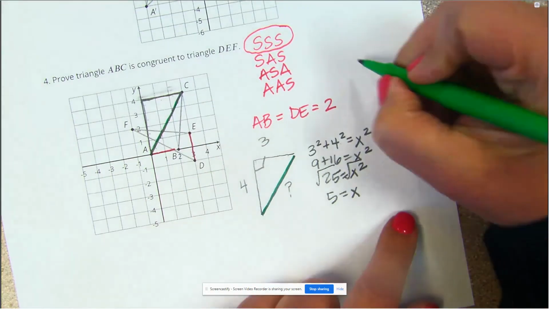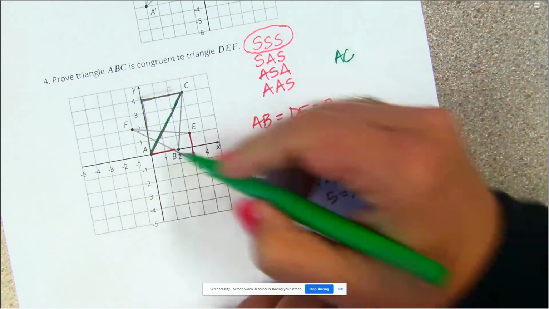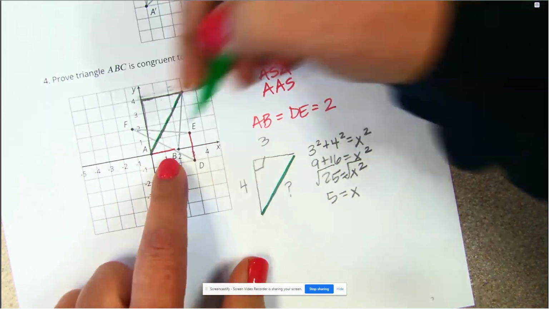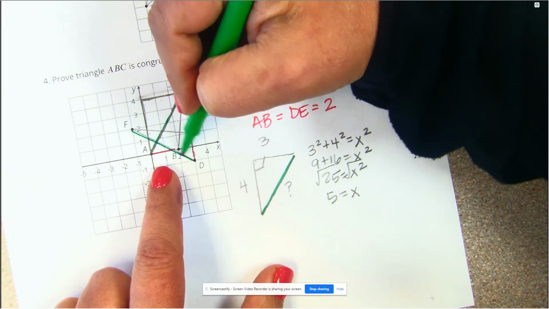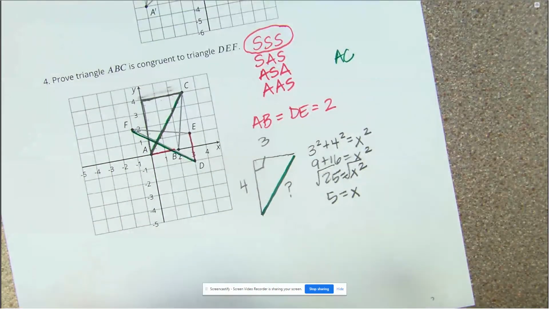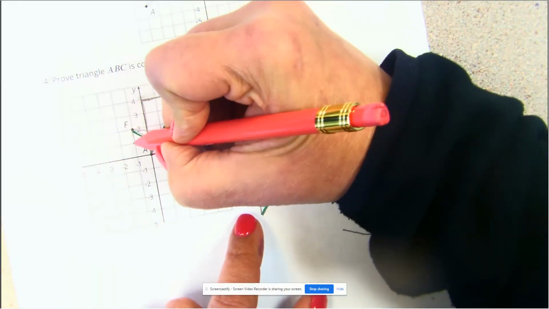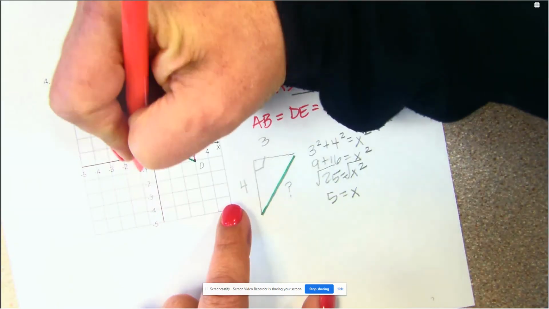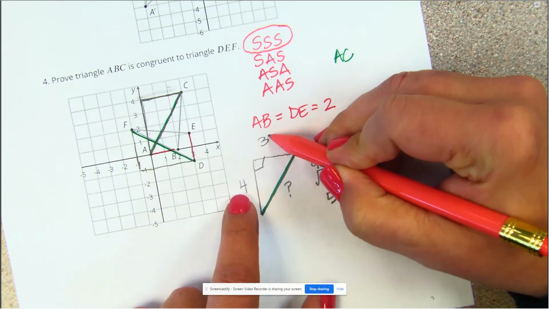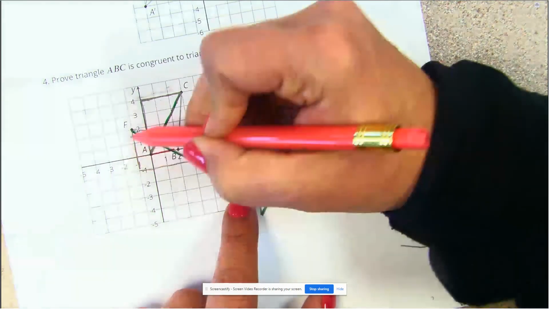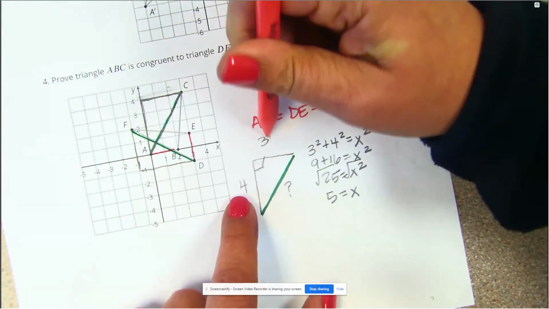Let me write that. So I've got AC, I know is 5. Now that also corresponds, look, can't you tell? We're going to hope that one's the same right there. So we would make a triangle out of that one. Look, 1, 2, 3, 1, 2, 3, 4. It's got the same 3 and 4. I don't need to show my work again. Look at that, 3 and 4.